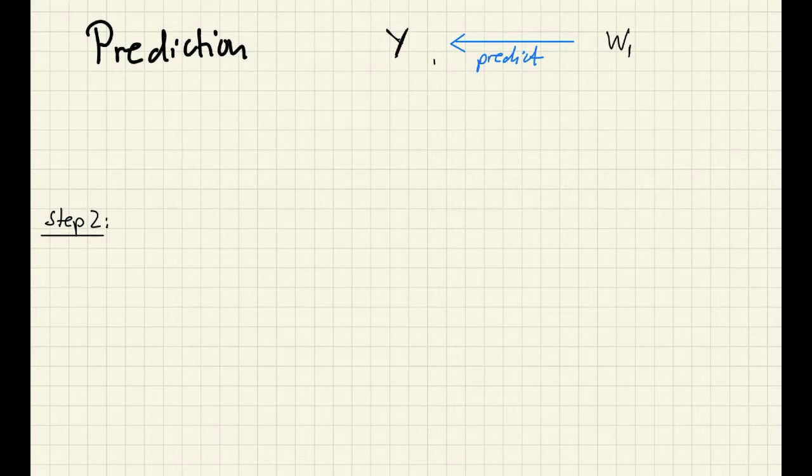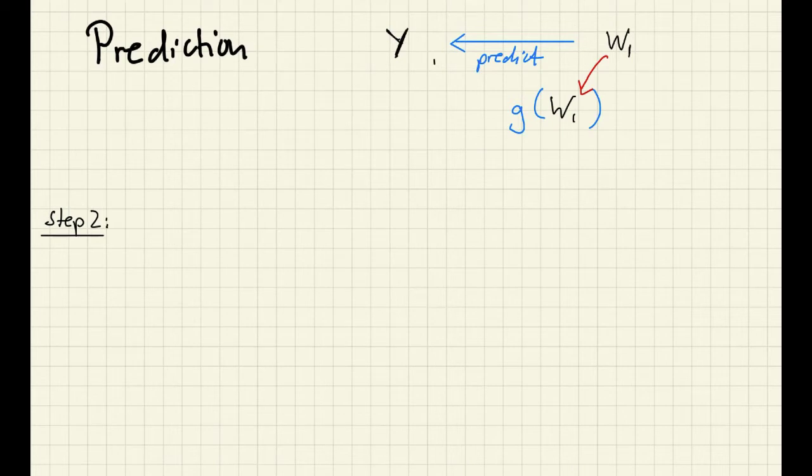So step 2 is all about finding a prediction strategy. Here our prediction strategy is represented by this arrow. And how do we operationalize this arrow? We think of this arrow as representing a function g that takes w1 as its argument.